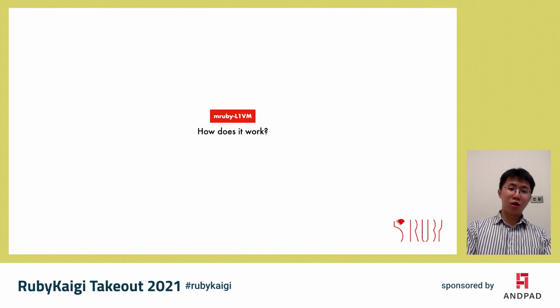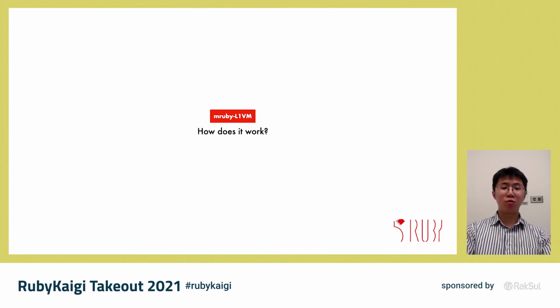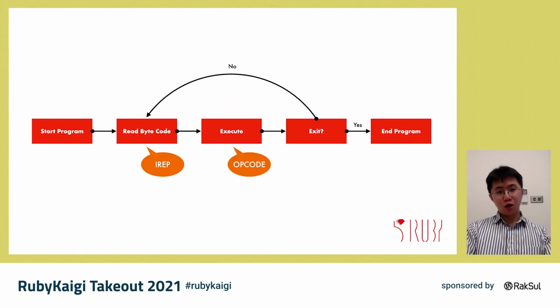So let's talk about how it works. Depending on my knowledge, I think a programming language VM is a loop, and it will read each opcode, and depending on the opcode, define some behavior.